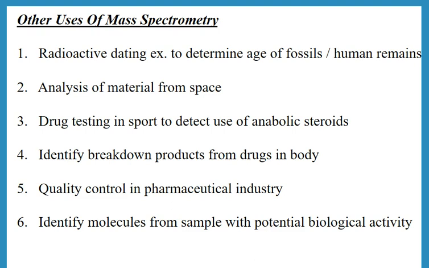We could also use it to identify drugs in the body, to determine the presence of certain drugs. It's used in quality control in the pharmaceutical industry. It is used to identify molecules from samples so that we determine their biological activity. Okay, so these are some of the uses of mass spectrometry in everyday life.